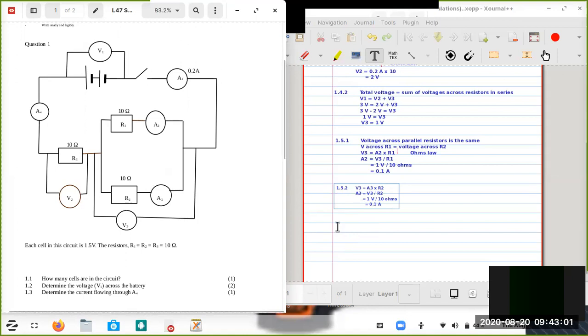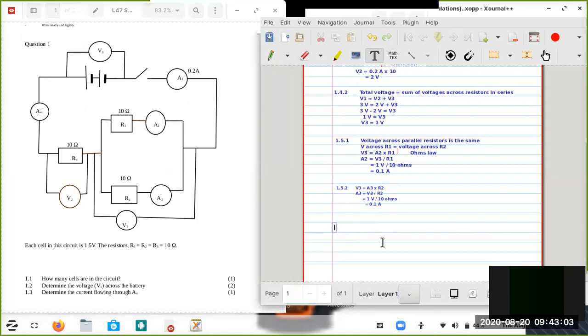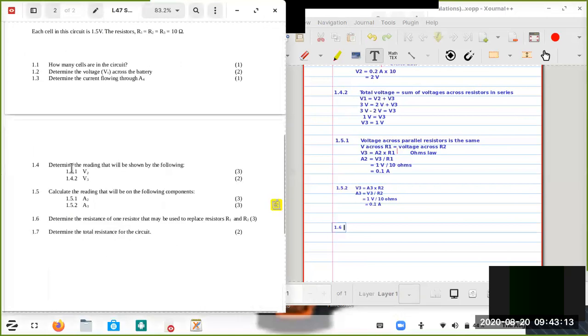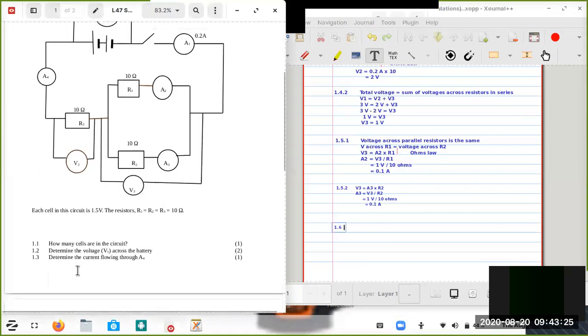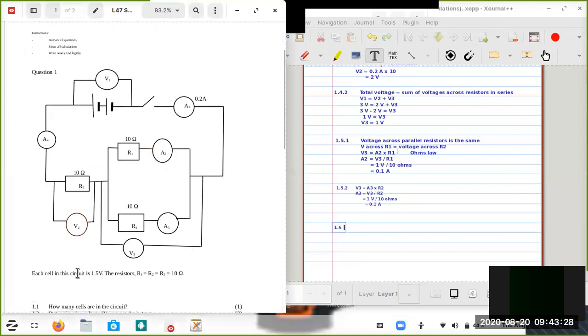Now, let us move on to question 1.6. Question 1.6 says, determine the resistance of one resistor that may be used to replace resistor R1 and R2. Before you find the resistor that can replace those two resistors, you need to know: are the two resistors in a parallel circuit or a series circuit?